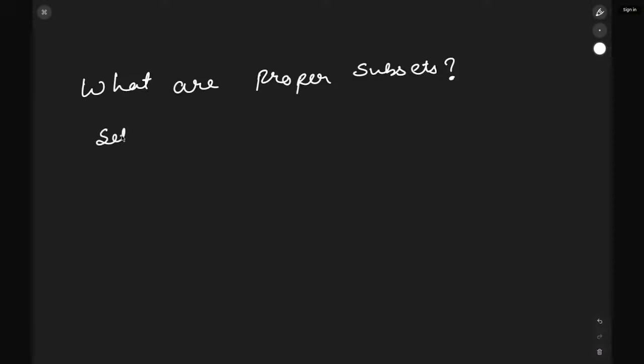what is a proper subset? So this was a question now. What are proper subsets? Okay. So set A is considered to be a proper subset of set B if set B contains at least one element that is not present in set A. Okay, I'll write it down here.